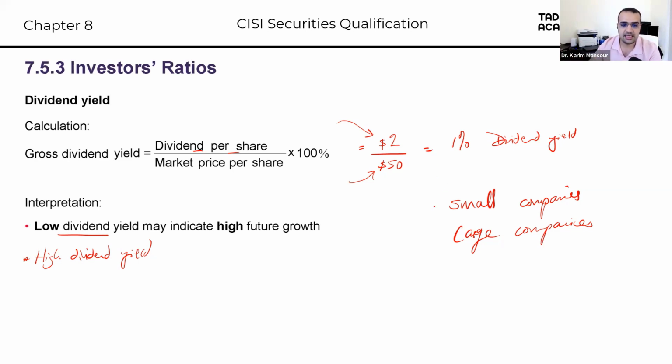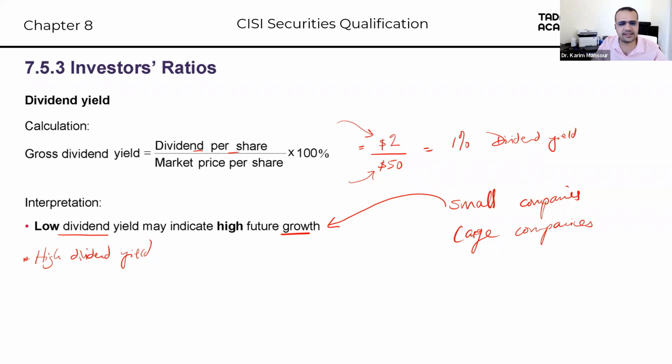Small companies give you a low dividend yield. Why? Not because they're small, but because any cash that they generate is going to be used for growth. The company will reinvest cash generated back into the company for growth. And investors who invest in small companies know that.